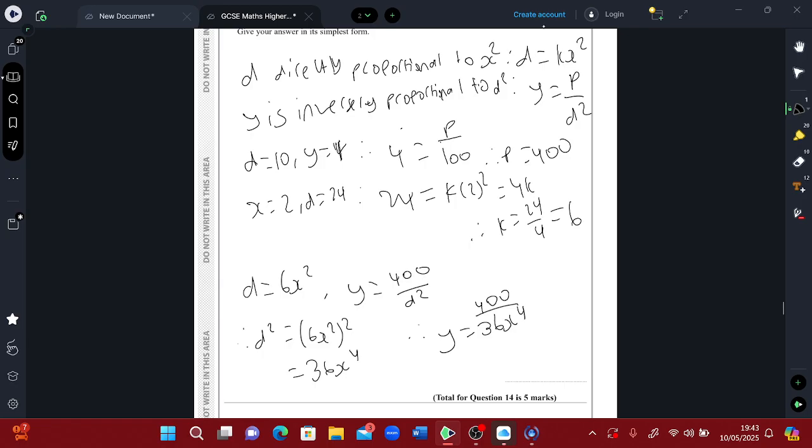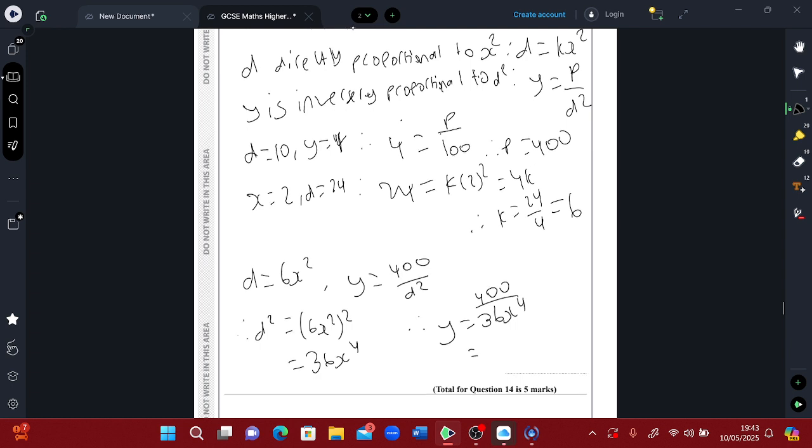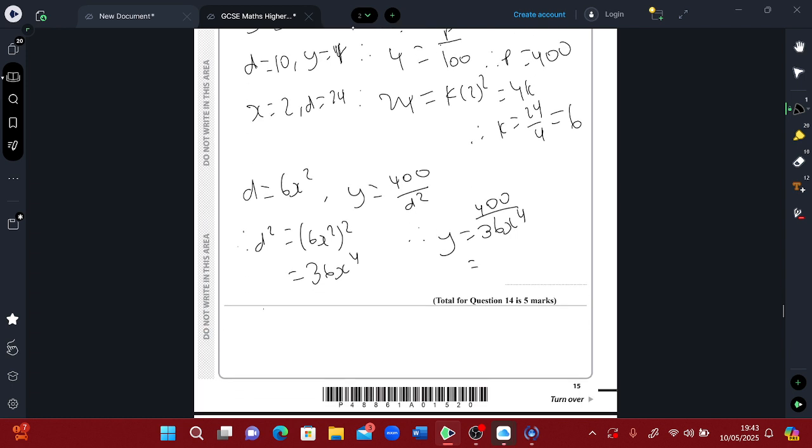Now, it's set as simplest form, so the fraction needs to be simplified. So we need to simplify 400 over 36. Again, notice the fact it's even, so this cancels down to 200 over 18. And again, they're both even again, so that's going to be 100 over 9.